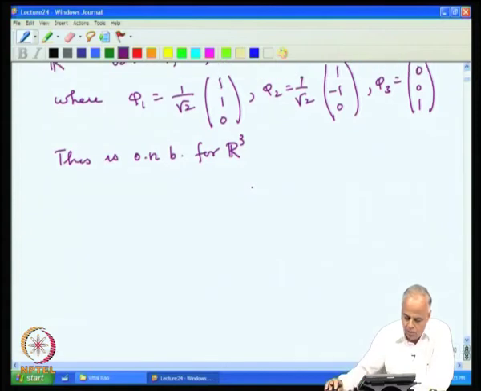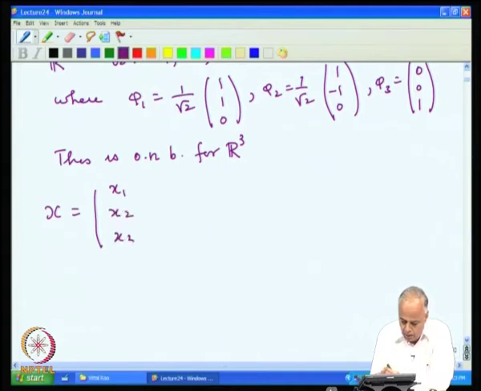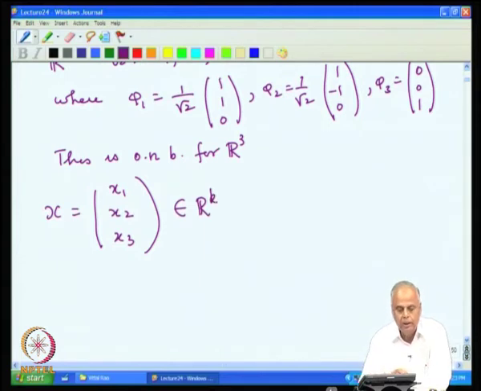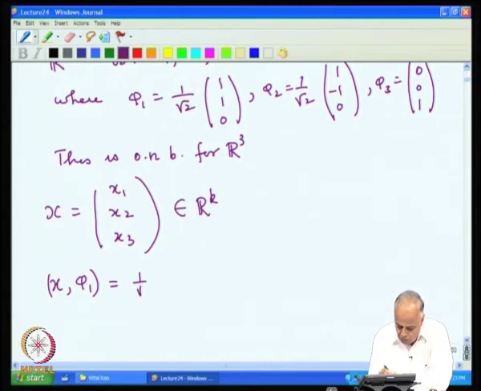Now, take any vector x equal to x 1, x 2, x 3 in R 3. We have x comma phi 1, which is the dot product of x with phi 1, which is 1 by root 2 into x 1 plus x 2, and since the third coefficient here is 0, there is no contribution.